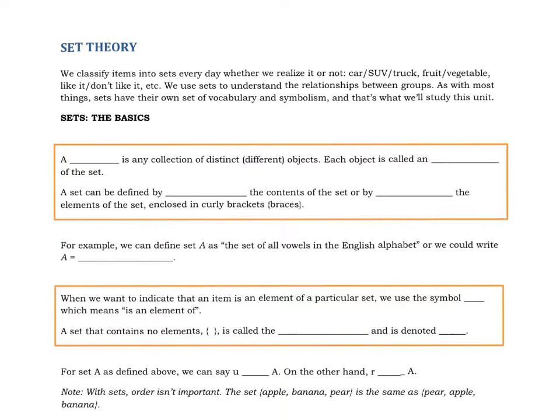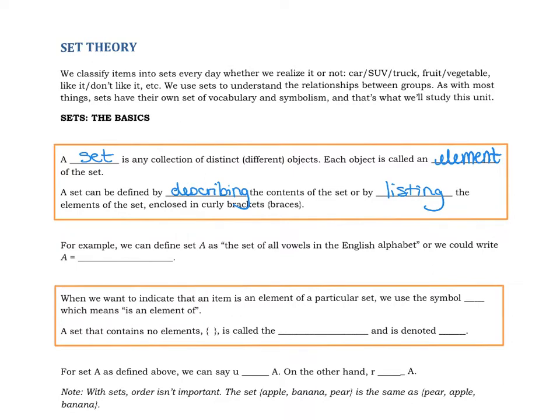So beginning here in the first box, a set is any collection of distinct objects. Every single object is called an element of the set. Now, a set can be defined two ways. One is you can describe the contents of the set, or instead, you can list all of the elements of the set enclosed in curly braces or brackets.